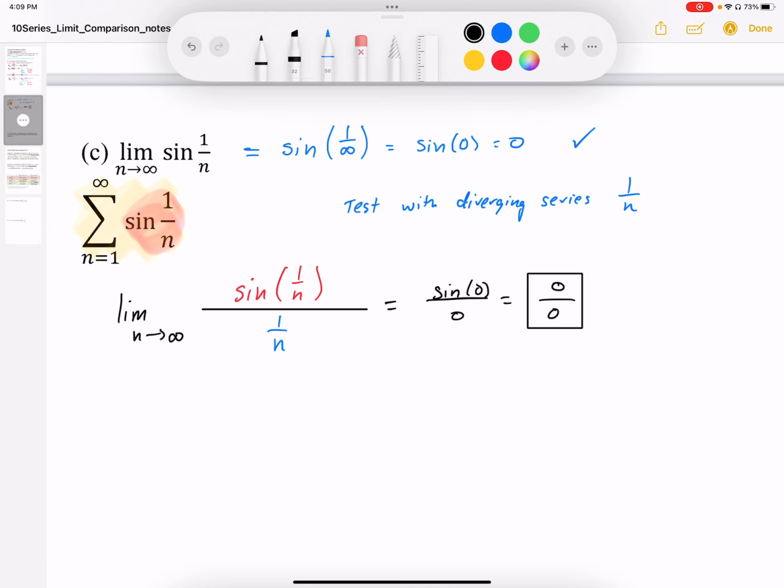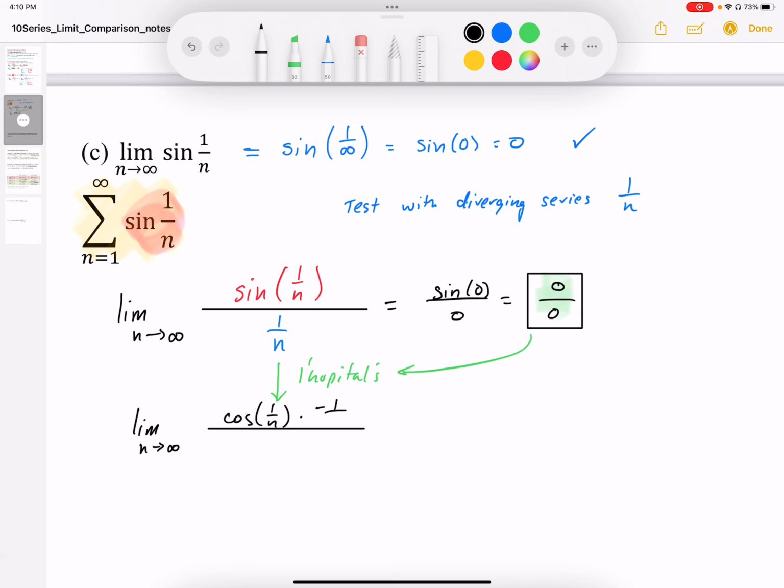Okay, so I now have the condition for L'Hopital's, so I'm going to apply L'Hopital's rule here. That allows me to do this. So then I get the limit as n approaches infinity. The derivative of sine is going to be cosine times the derivative of 1 over n, which is 1 over n squared.